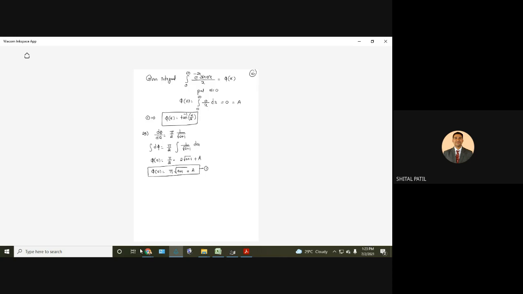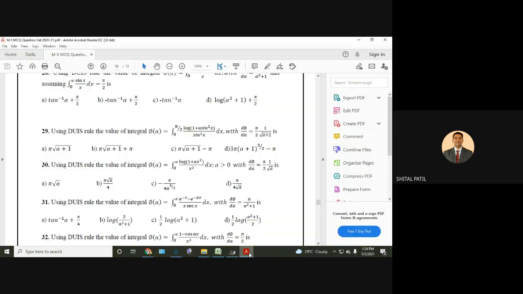Let me check the integral. Example number 29. So what should be the value of small a so that this integral will become 0?